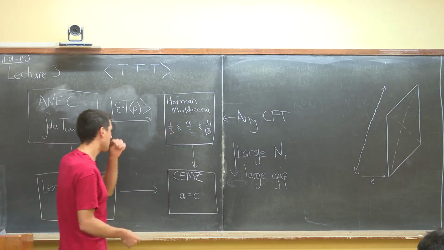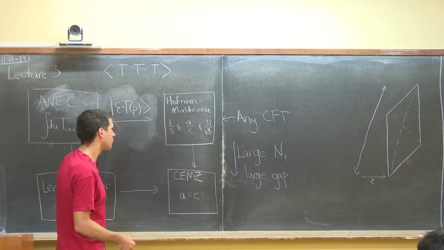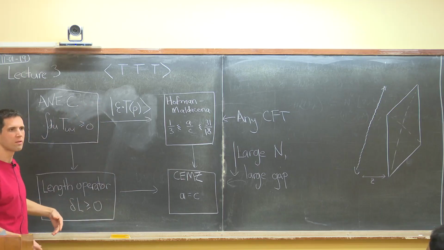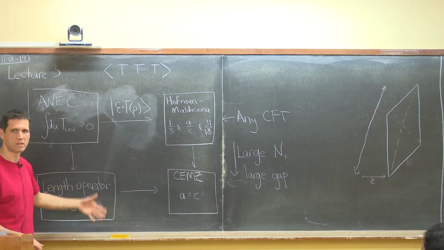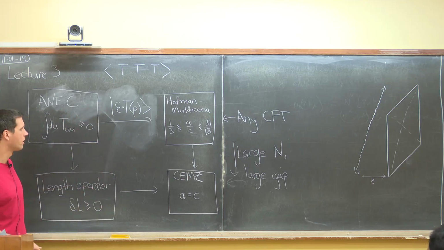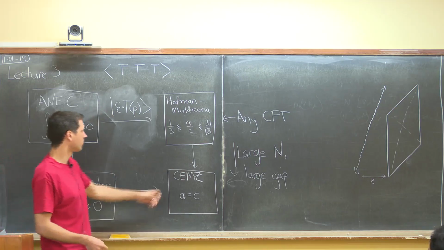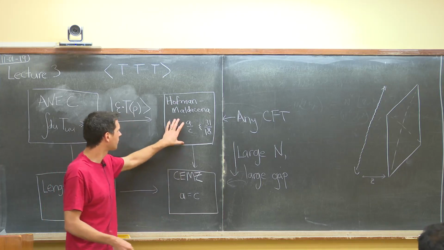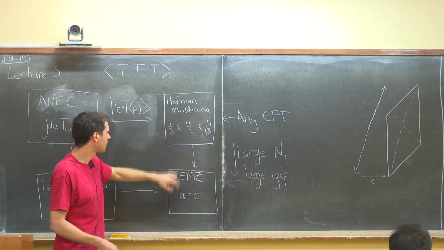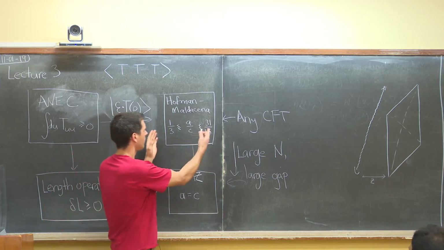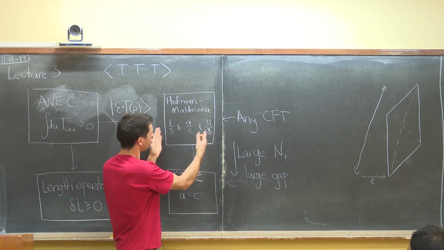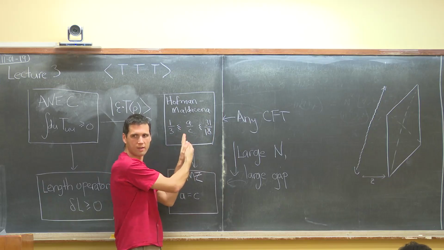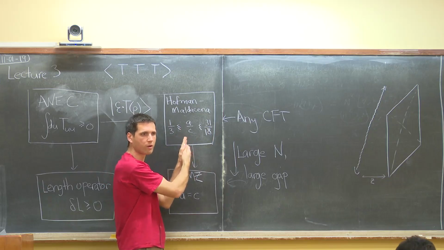That was any CFT. If we now take large N and a large gap, then both of these things become stronger. Here for the OPE coefficients, we said that from a bulk analysis, we know that this range should collapse down to just 1, and then you have to have A equal to C up to small corrections.